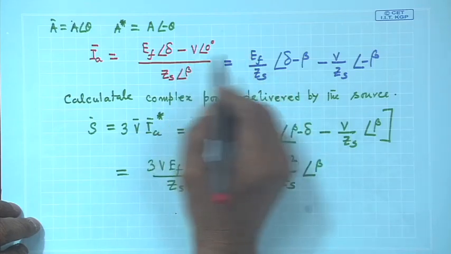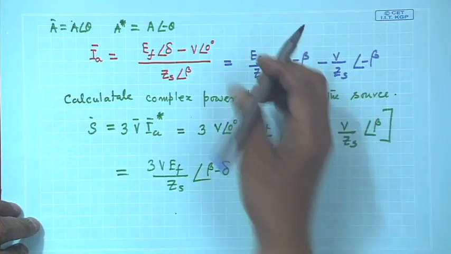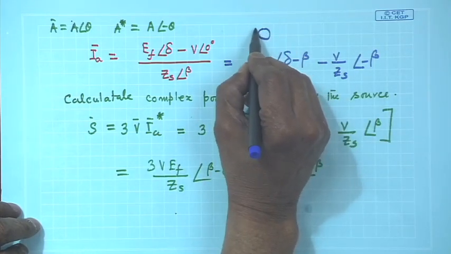So, welcome to the next lecture, and last time we were trying to find out what is the total power delivered by a synchronous generator whose terminal voltage is V 0 degree, and always draw the equivalent circuit like this here.